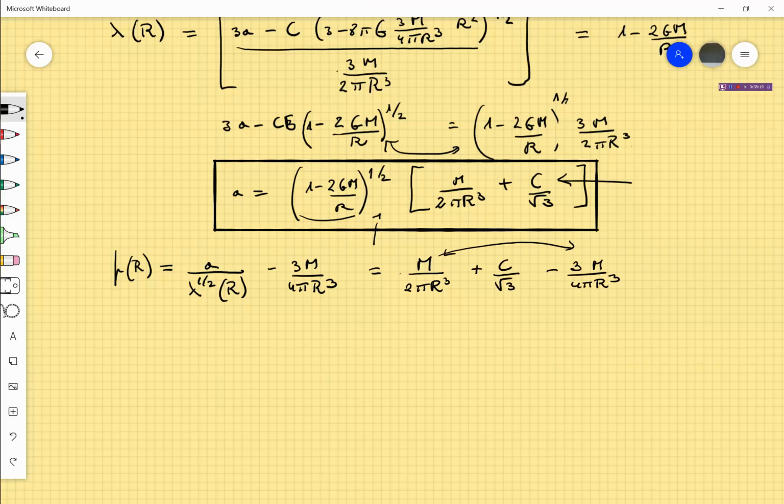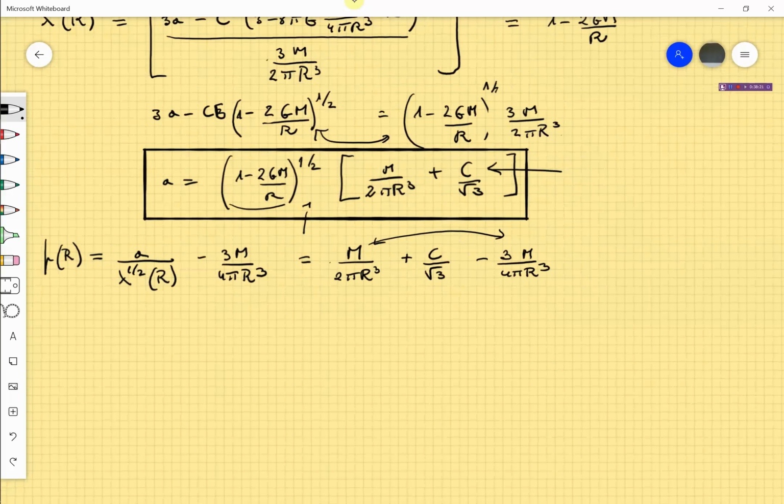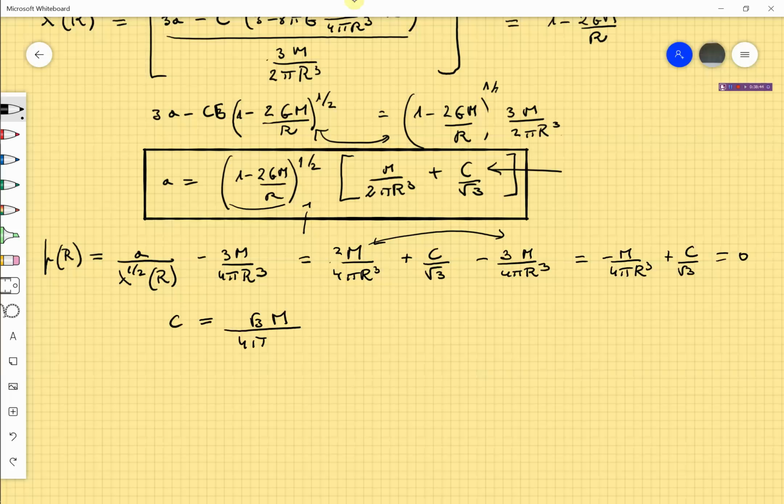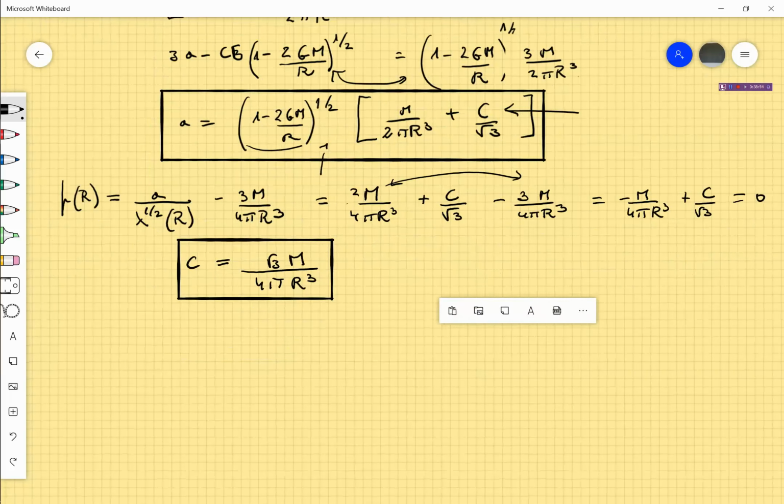These two terms combine. This is just 2 and 4, so it's minus M divided by 4 pi R cubed plus c divided by the square root of 3, and we said that this has to be 0. This means that c is square root of 3 M divided by 4 pi R cubed, and this is the last integration constant that we have to determine.